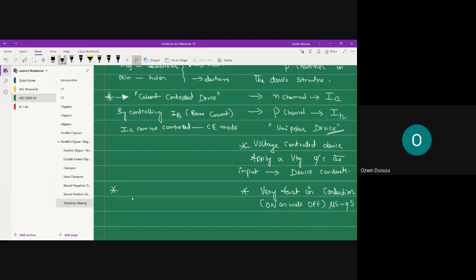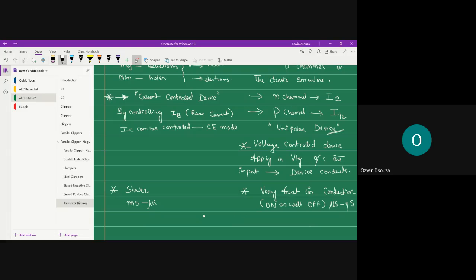On the other hand, BJTs are slightly slower. They are slower in the sense the turn on and turn off time normally varies in millisecond to microsecond. Nanosecond is negligibly small, right? The moment you give an on pulse, the device straight away gets into conduction. So this is one of the major differences.